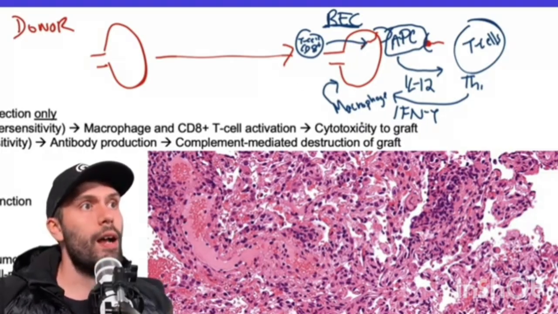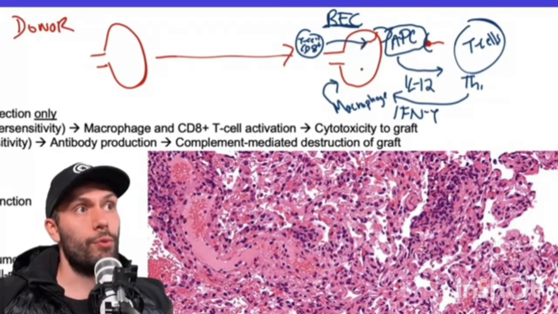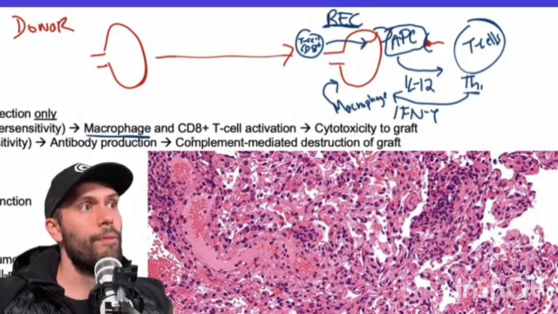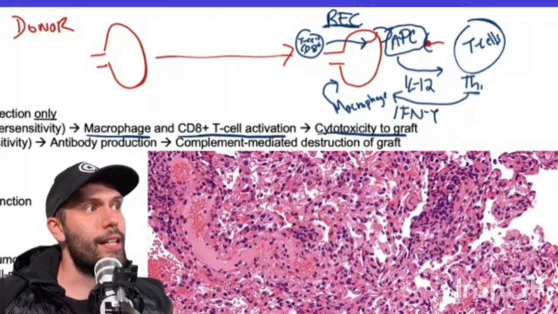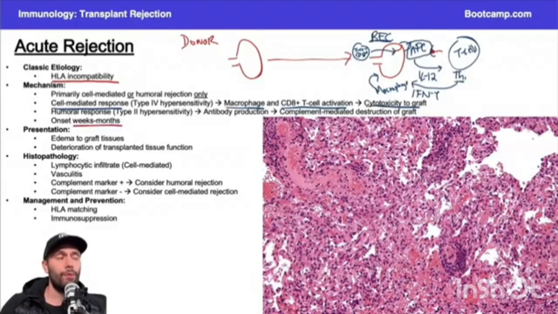And this whole process really is going to be largely driven by destruction of this graft by macrophages, right? From a T helper 1 response and CD8 positive T cell activation. We talk about this very frequently as a cell-mediated response. When we have cell-mediated responses, that's very similar to a type 4 hypersensitivity, okay? So that's a cell-mediated response. That's one possibility of something that can happen with this graft.